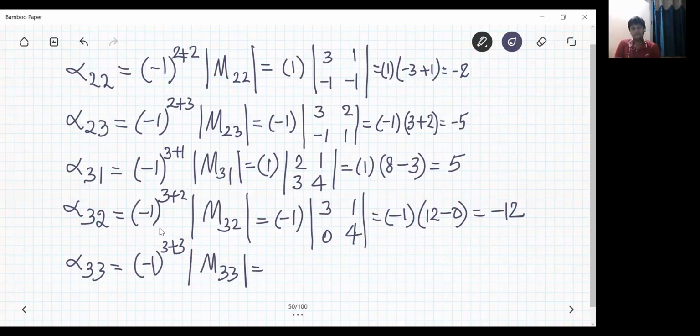So this gives you plus 1 because 3 plus 3 is 6. M33 is 3, 2, 0, 3. So 1 into 9 minus 0.